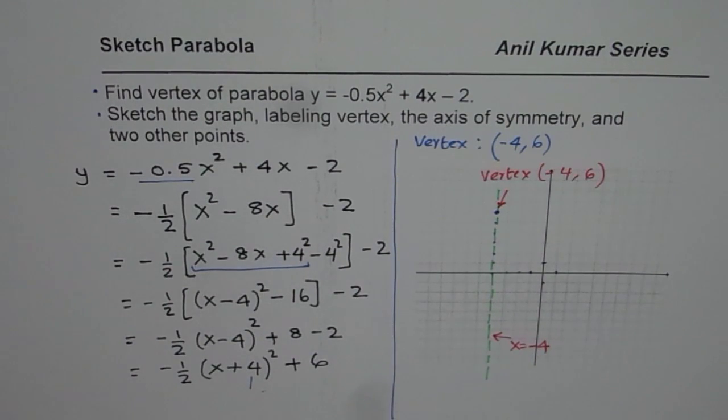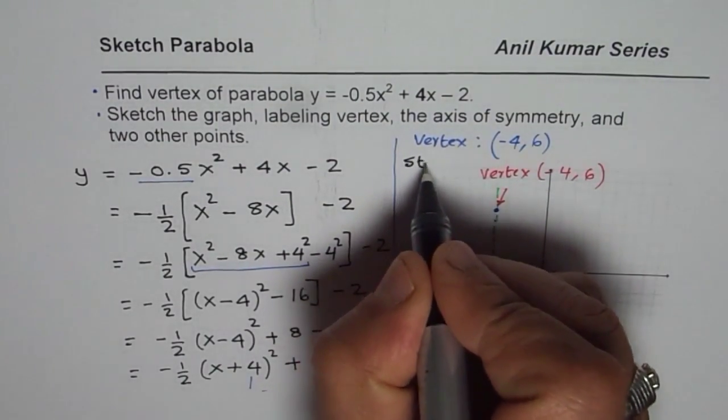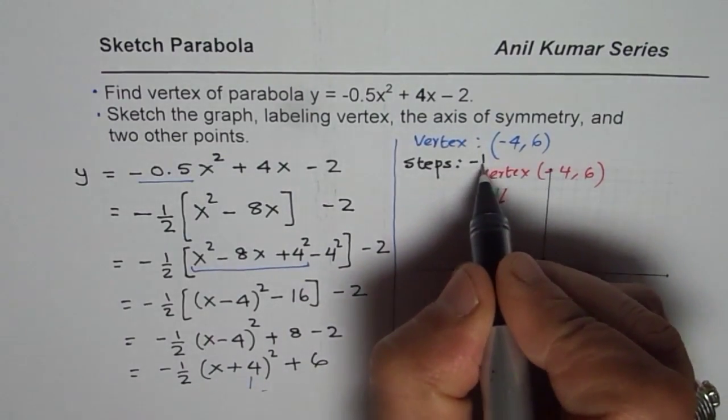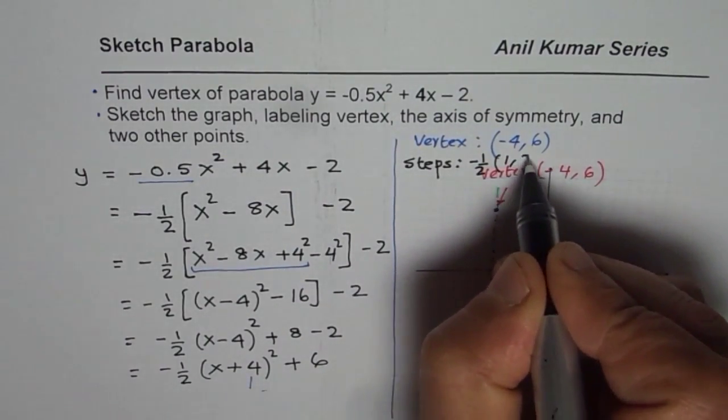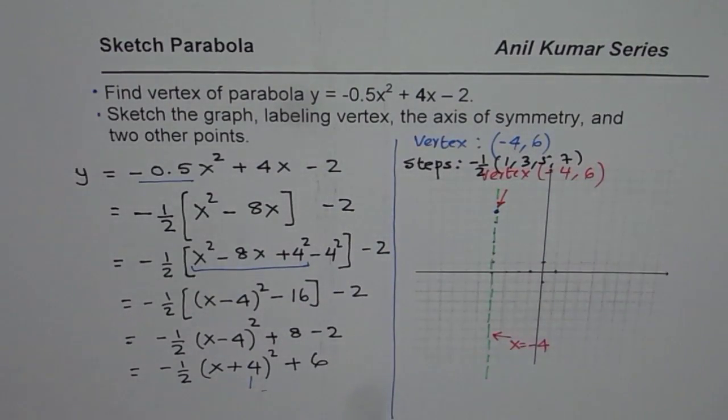Now to sketch the parabola, we need more points. How are we going to find them? We can use the steps. The steps are minus half, that is the coefficient, times 1, 3, 5, 7, right? Those are the steps. Now let's plot these steps for the parabola.